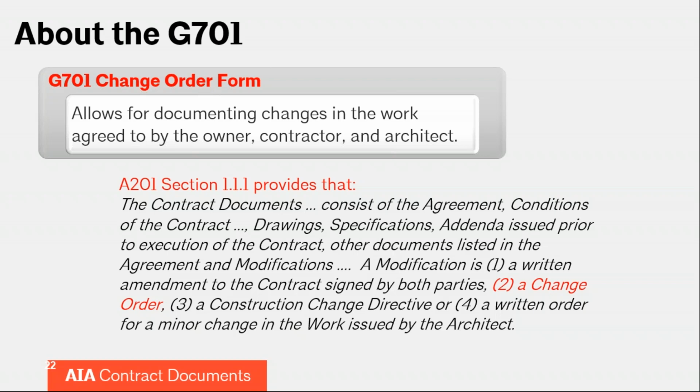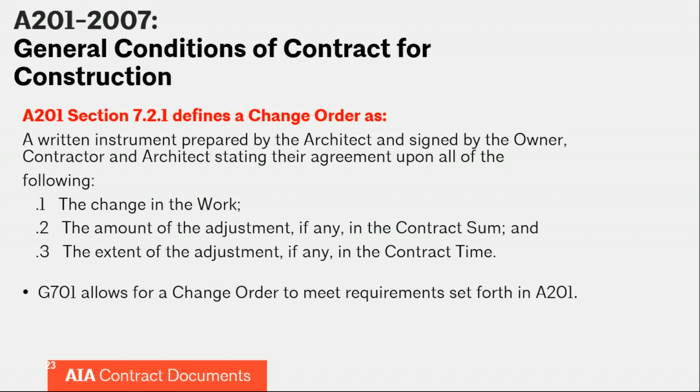And a modification is defined as a written amendment to the contract signed by both the parties, or a change order, a construction change directive, or a written order for a minor change by the architect. So obviously, a change order is extremely important. You want to make sure you get it done correctly so that you can effectively modify the agreement as you need. So the G701 allows for the parties to document the changes in the work that are agreed to by the owner, contractor, and architect.